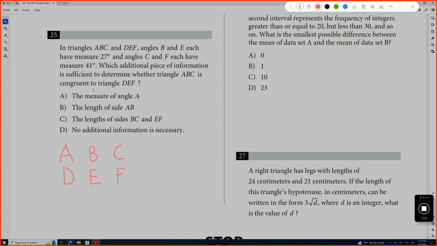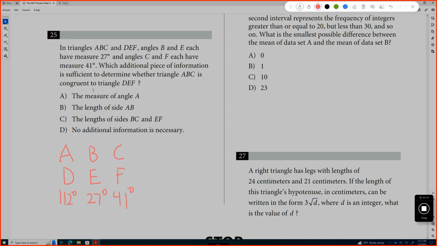B and E measure 27 degrees, and C and F are 41 degrees. Because all triangles have three angles that add up to 180, both A and D have to be 112 degrees. So when we add them, we get 180.